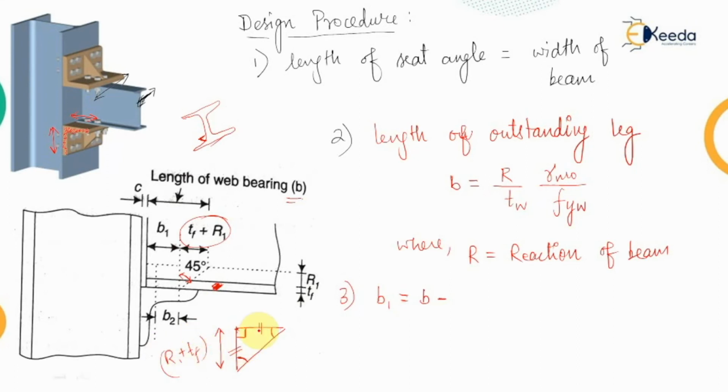Now since these two angles are equal to each other, these two sides will also be equal to each other. So from here we get this horizontal side equal to tf plus R1. That means the length of bearing that we will get will be equal to B minus (R1 plus tf), that is the thickness of the flange plus the root radius of the beam flange, and this B1 is the length of bearing on the seat.